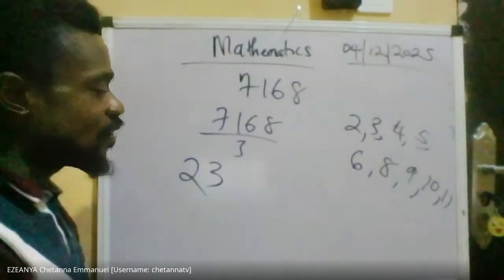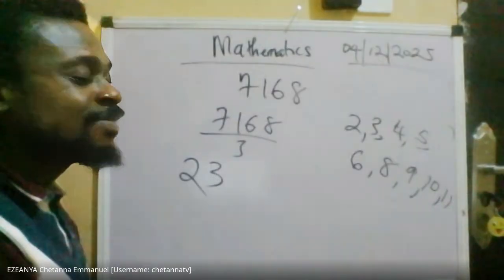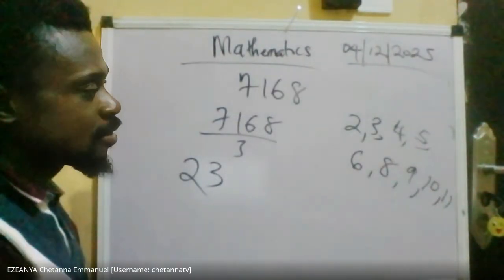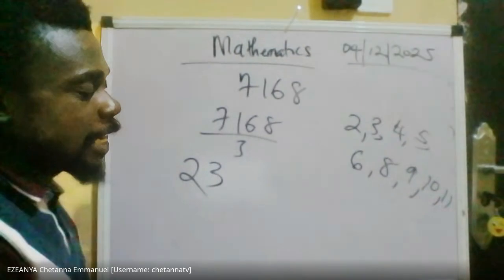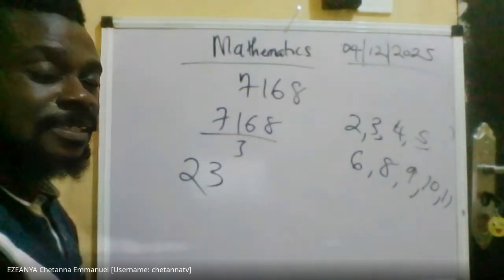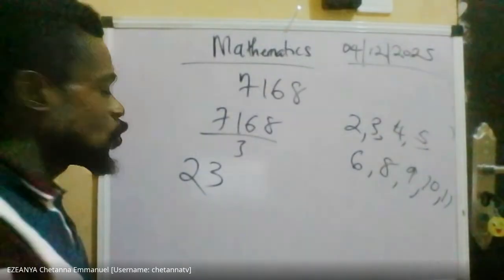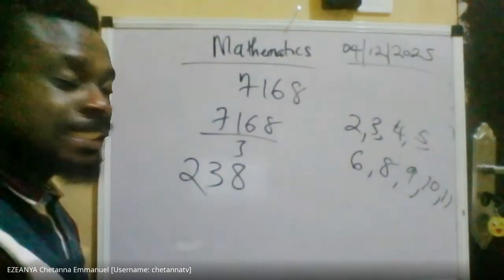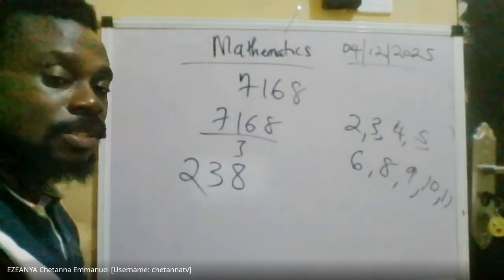You continue dividing. 26 divided by 3. How many 3's can we find inside 26? We can find 8 because 3 times 8 is 24. What is the remainder? 26 minus 24. The remainder is 2.